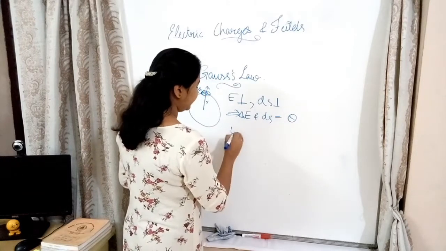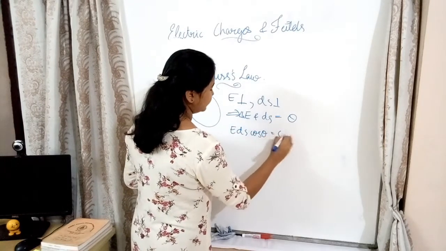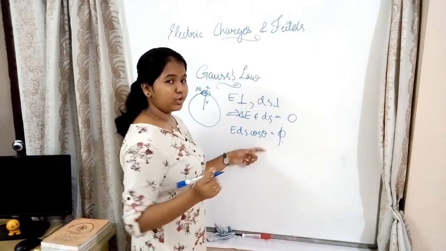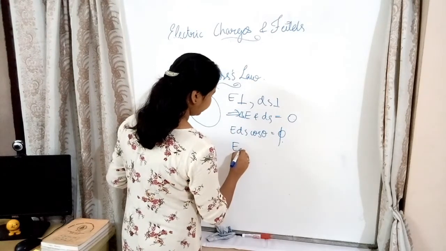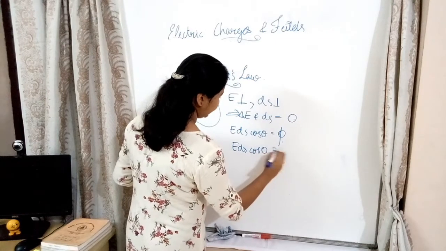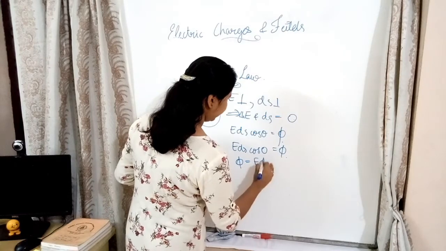So what did we learn? E ds cos theta is equal to phi. Over here, theta is 0, cos 0 is 1. So phi is equal to E ds.